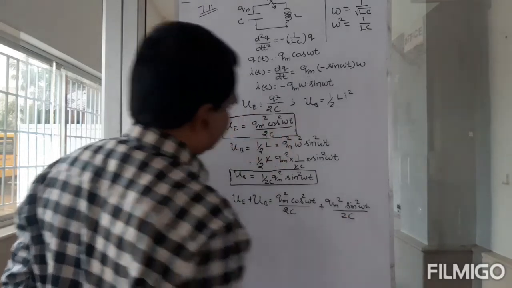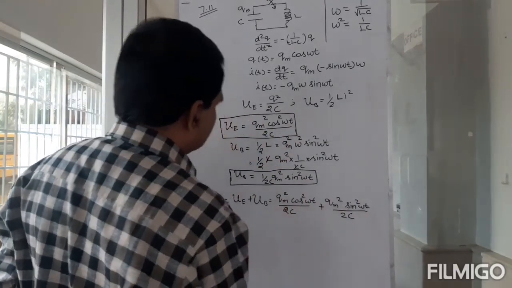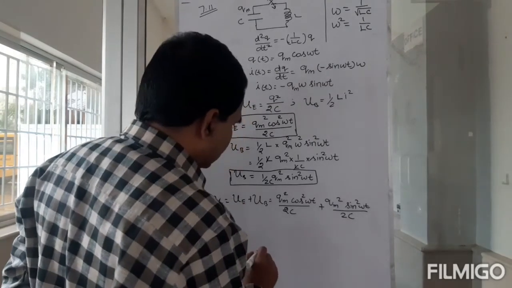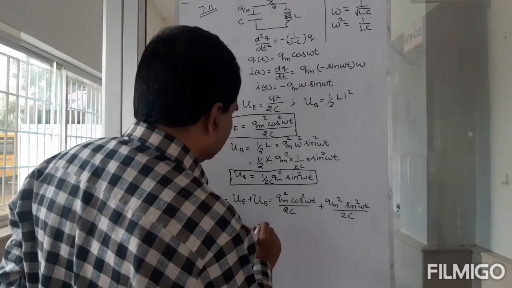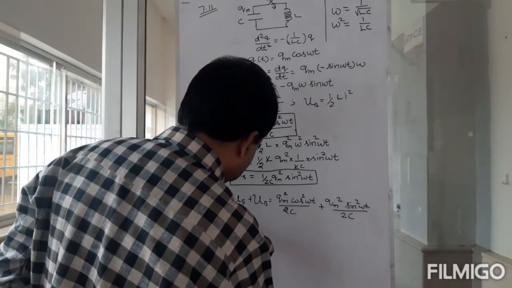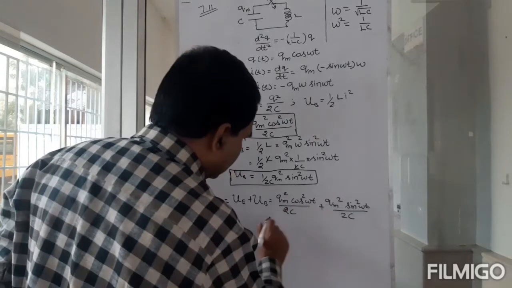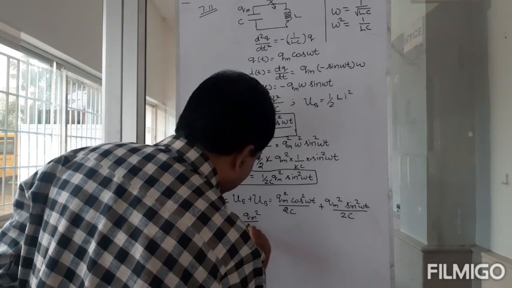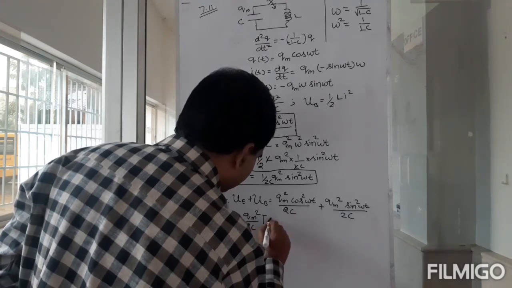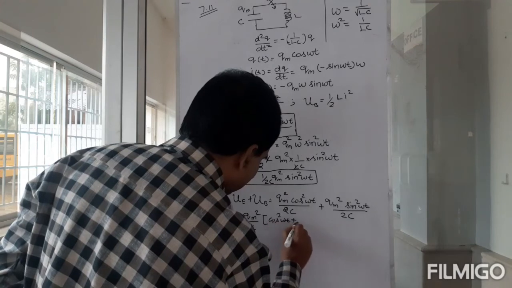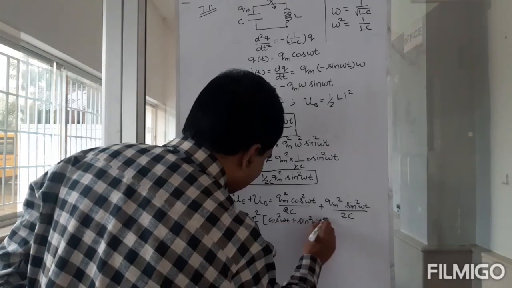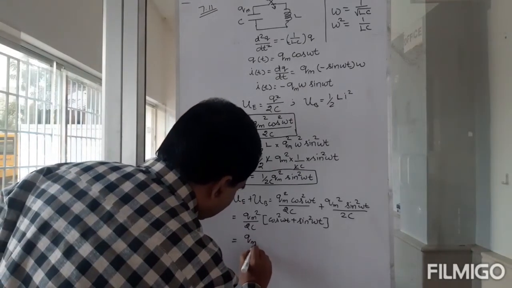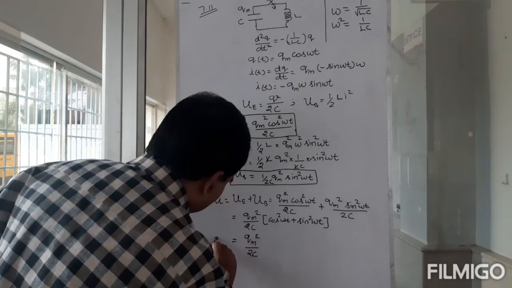When I add these two, I'm going to get Qm squared by 2C into cos squared omega t plus sine squared omega t. So this is actually 1. So that will give me Qm squared by 2C. That's my total energy.